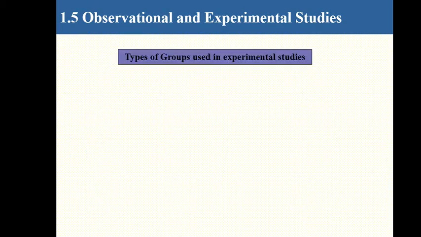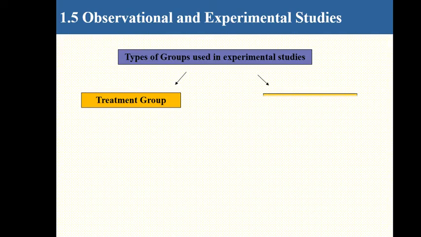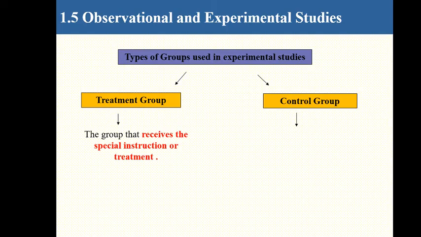In experimental sciences or experimental studies, especially in medicine, there are two groups. One of them is the treatment group, and the other is the control group. By experimental studies we mostly mean medical tests or experimental studies on drugs, let's say.